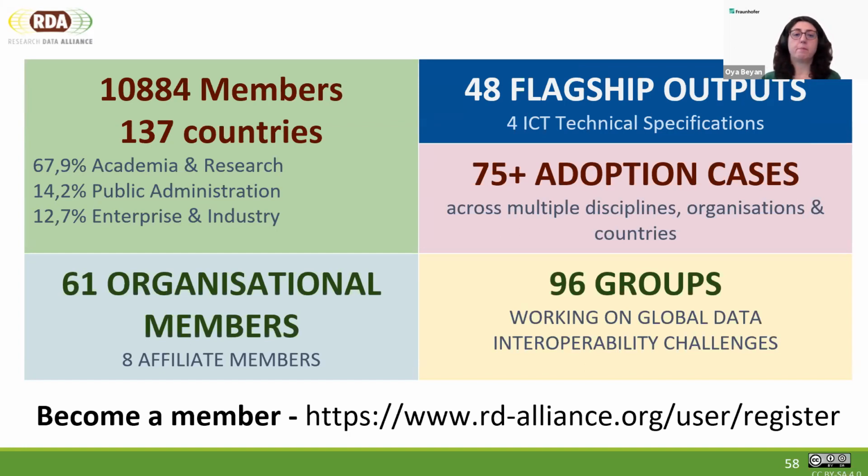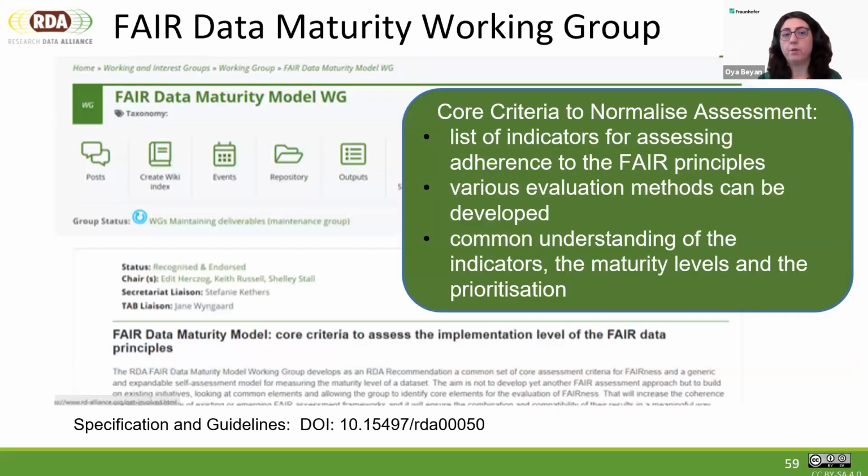Next slide, please. In this talk, I will focus on one specific group, the FAIR Data Maturity Working Group. The aim of this working group is to remove the ambiguity around measurement of FAIR principles and come up with a core criteria for these assessment metrics.